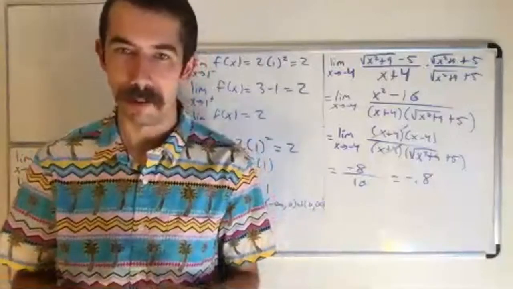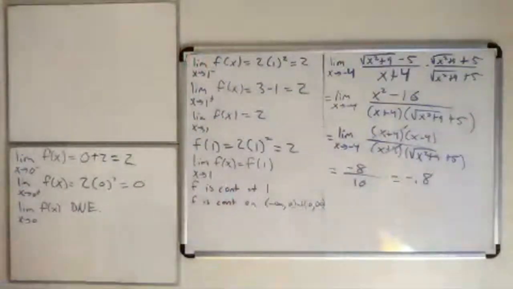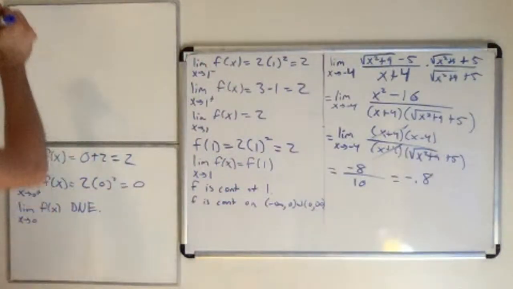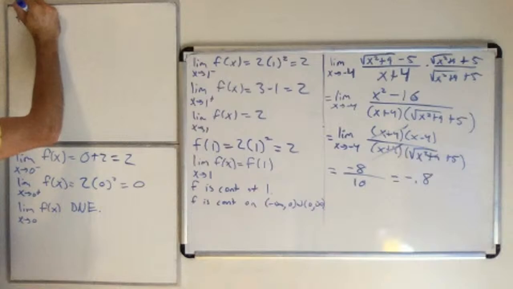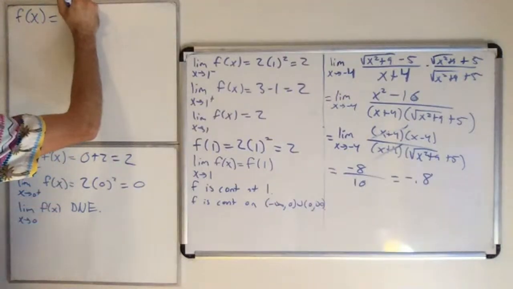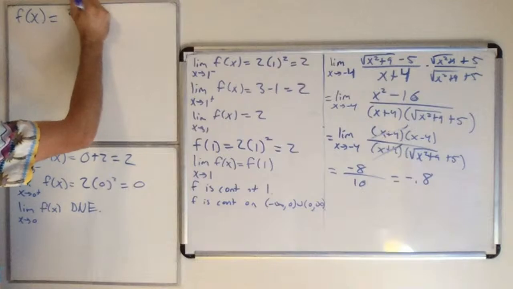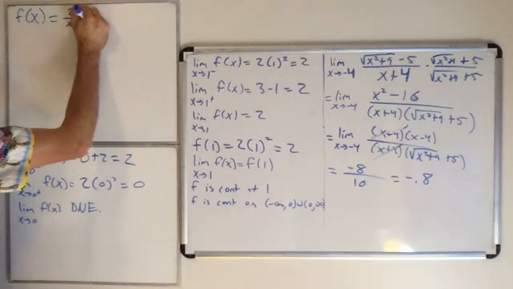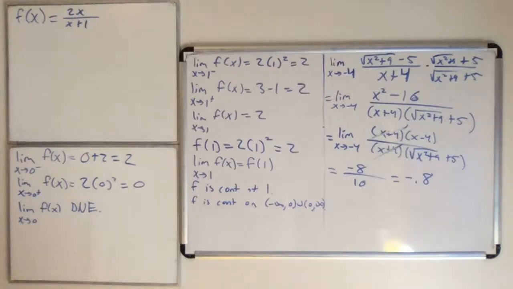Okay, rational, good. I'm just gonna make one up. How's this? 2x over x plus 1. Let's find the derivative using the limit definition of the derivative.